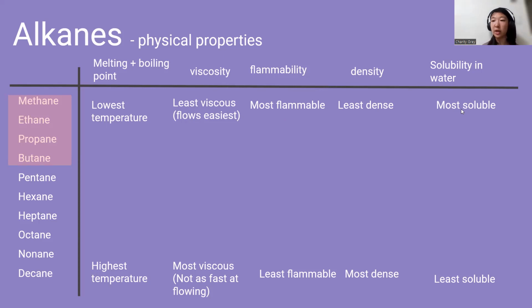Because water, like we mentioned before, is H2O, which is a polar molecule. A polar molecule means that it doesn't share its electrons evenly. So water has a small negative charge on the oxygen and a small positive charge on the hydrogen. However, alkanes are nonpolar. If you remember from the physical properties, alkane was nonpolar. So nonpolar materials are not very soluble in water at all.